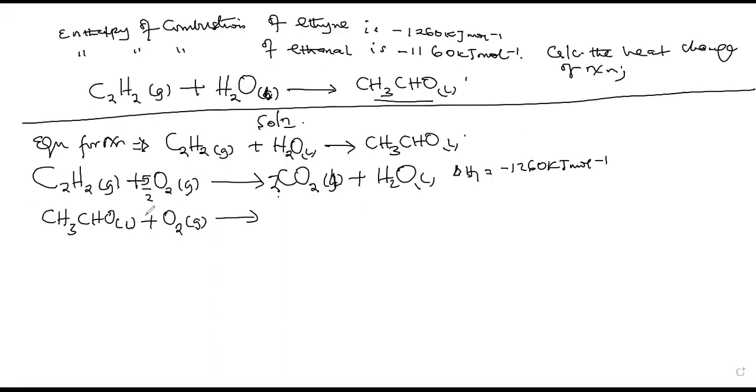Provided you see carbon and hydrogen inside there, it must give us carbon dioxide and water. This is DH2, which is -1160 kilojoule per mole. Now, balancing: carbon is 2, put here 2, oxygen is 4, 5, this is 2. So what do I miss?